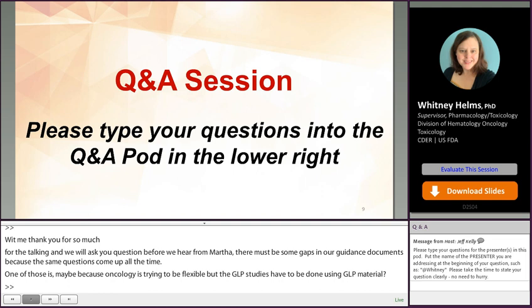And in oncology, in our space, we do have some flexibility around impurity qualification. You don't necessarily have to fully qualify the impurities at the maximum dose that you think you're going to reach, but especially at your starting dose, we want at least some impurity qualification. So that's an important consideration.